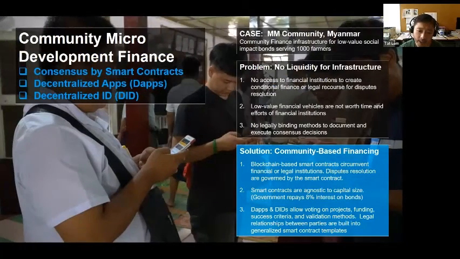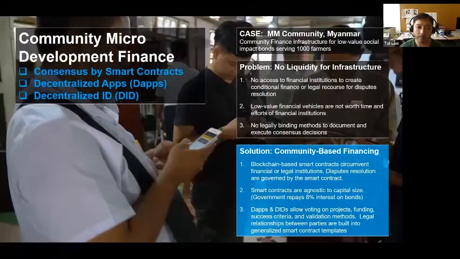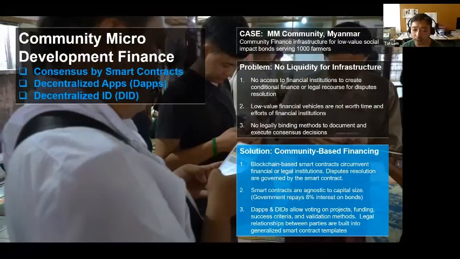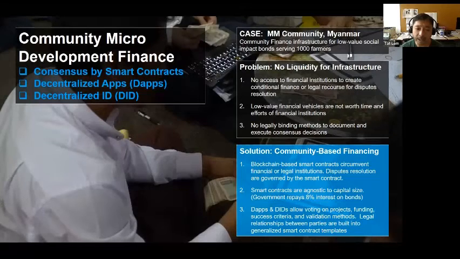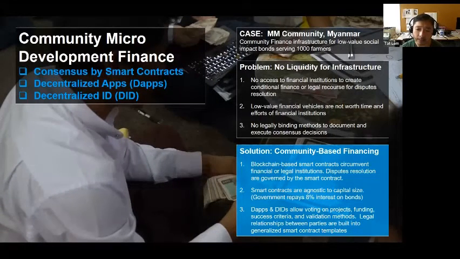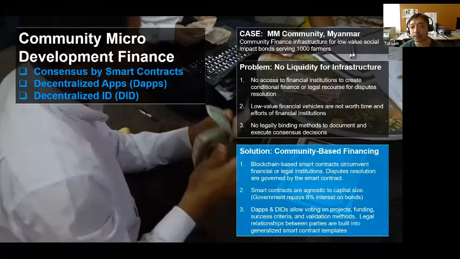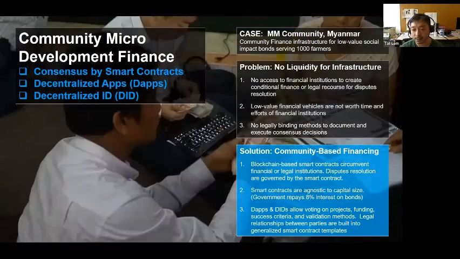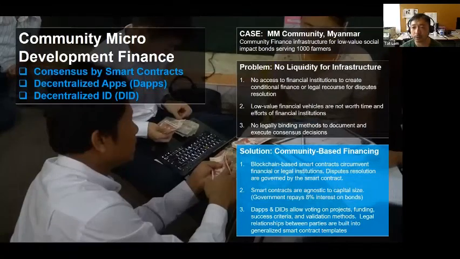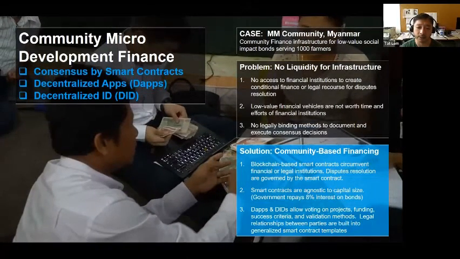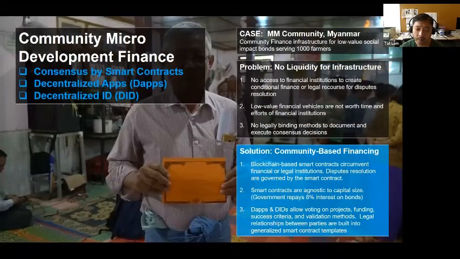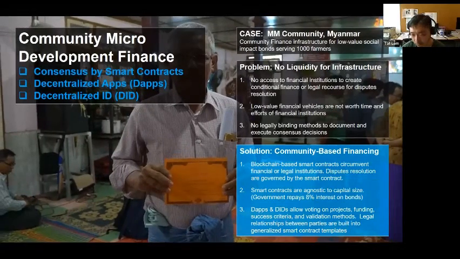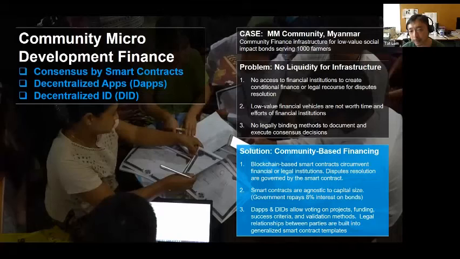But more interestingly, the building of this playground is a pay for success model, where the government is going to pay the money after the playground is done and after all the milestones set up by the communities have been achieved. So the community puts down their own money first to start building the playground.